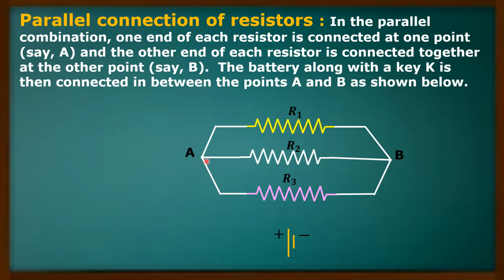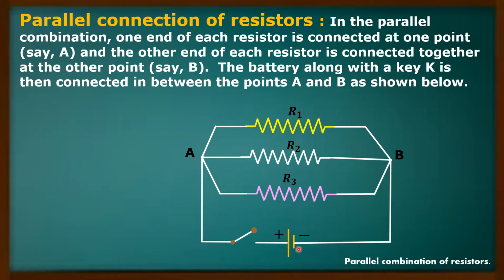I am connecting the point A to the positive terminal through a key and the negative terminal has been connected to the point B. So this is the parallel combination of resistors. Here the switch is in off position. That's why the circuit is kept open. Hence no current is flowing through the circuit.